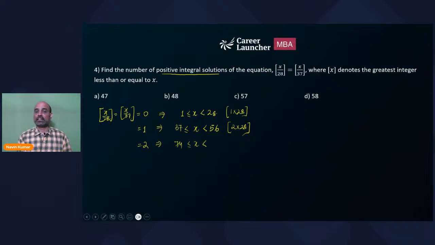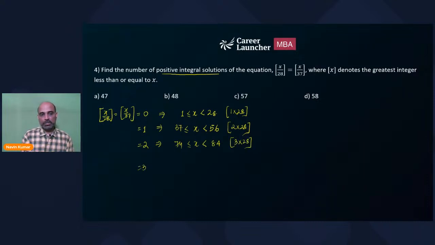But again, if x is a value such that x by 28 becomes 3, that will happen at 3 times of 28, which is 84. Right? At 84, I will have this as 3, while this will still remain as 2. 84 by 37 is 2 point something. You know? So 2 pe reh jayega. So I can't take beyond that. So this has to be 84 ke pehle tak. So this is going to be 3 times of 2.